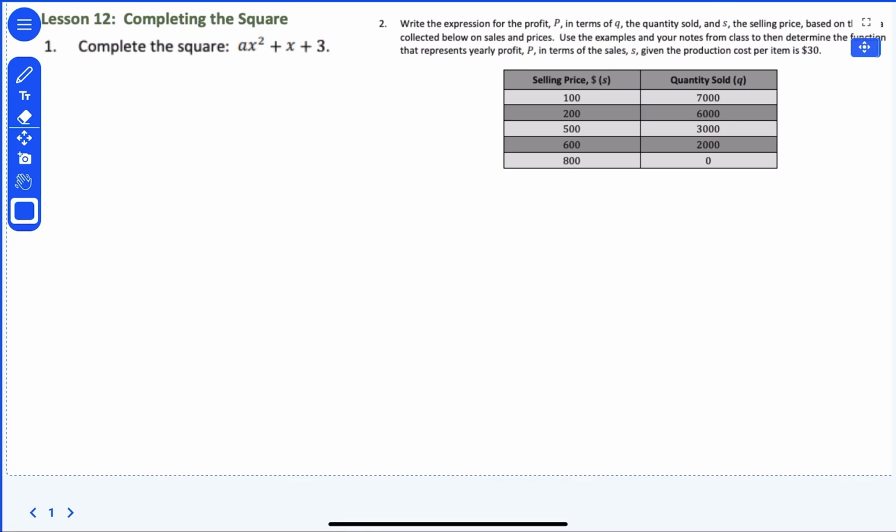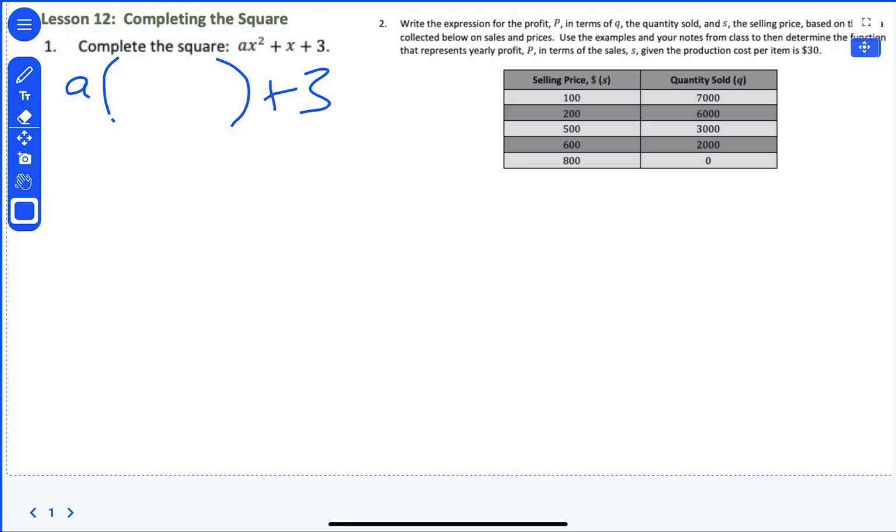So we're going to factor out a, maybe. Let me refresh here and see if that works. Okay. Factor out an a, and we're only going to do it to the first two terms, and we're just going to leave plus 3 alone.